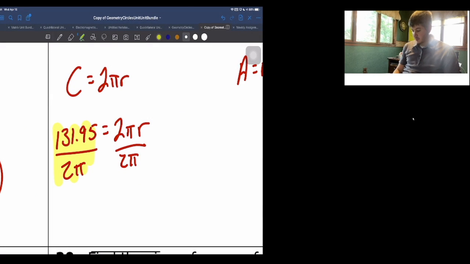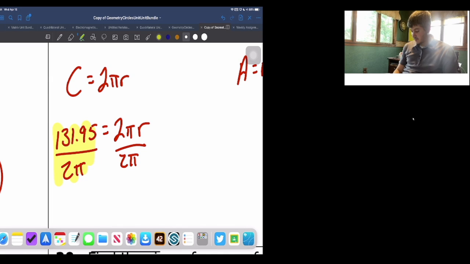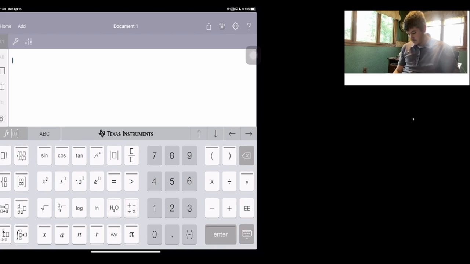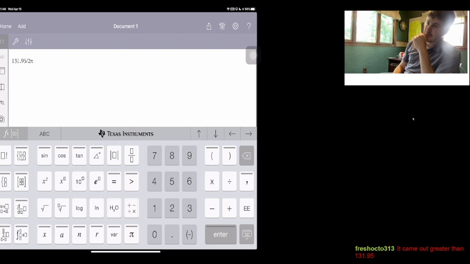So actually, let me see. It was 131.95. 131.95. And then you could divide it by 2. And then I believe there's a pi key somewhere. There it is. So the way I've plugged it in, I can't zoom in unfortunately with this app, but it came out greater than 131.95, which doesn't make any sense.